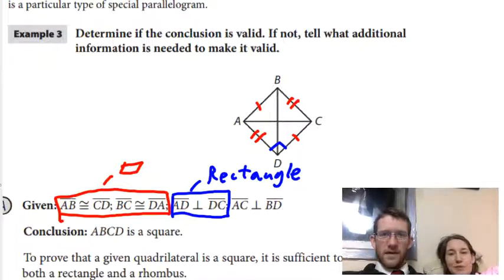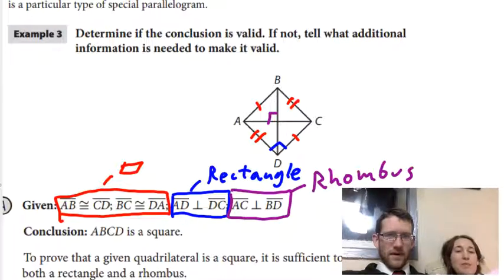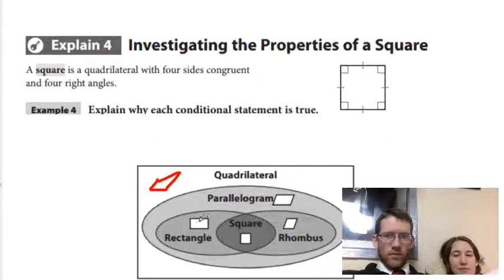And then finally, our last bit of information is that AC is perpendicular to BD. So it's not only a rectangle, but it's also a rhombus. So what shape is both a parallelogram, a rectangle, and a rhombus?